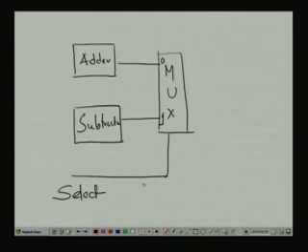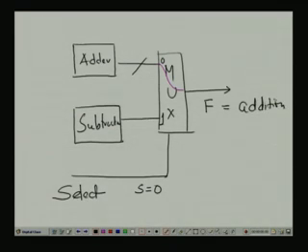So, if S equal to 0, the adder is passed as the output. So, f is the addition. If S equal to 1, then this value will be passed.